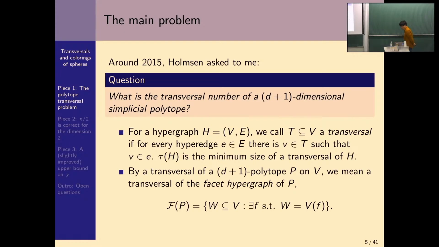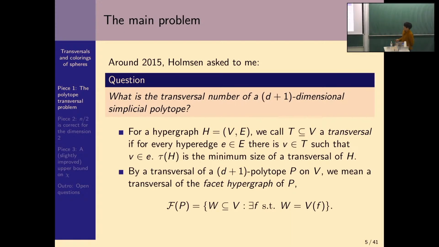I think you're familiar with this definition, and also the definition of the transversal number. We denote it by tau, and tau of H, the transversal number of H, is the minimum size of a transversal of H.